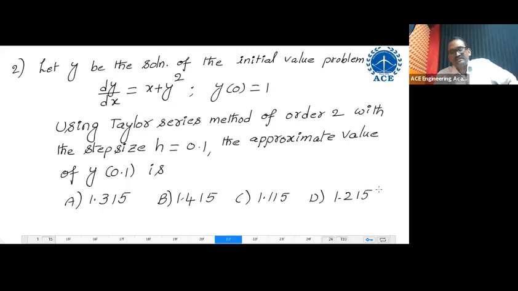Remember, the Taylor series method of order 2 means the Taylor series up to the second derivative. The Taylor series method of order 3 means the Taylor series up to the third derivative.